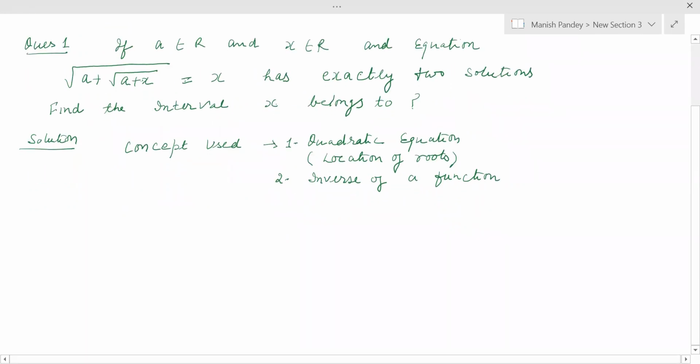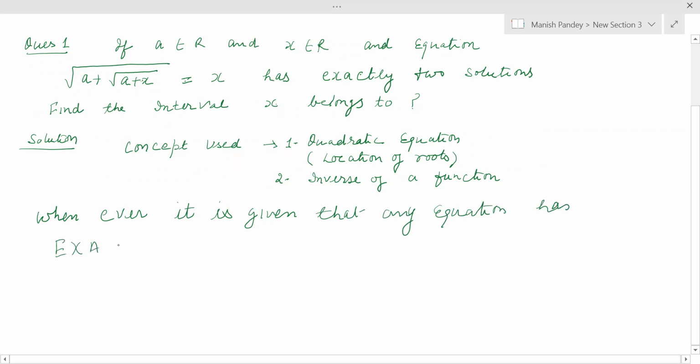Before solving this problem, the most important part, which I'm going to tell you, students, is this: whenever it is given that any equation, not only a quadratic equation, has exactly two roots, this word "exactly" is used.